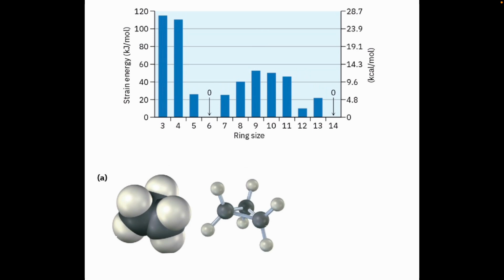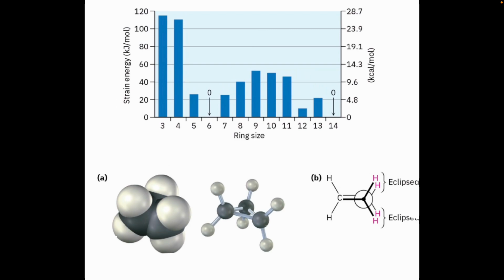If we were to just do our regular old structure here, what you would see is that in this triangle, just because it has to adopt this planar configuration, not only do you have that crappy 60-degree bond angle, but every single one of those bonds is also eclipsed compared to its neighbors, right? So they're all parallel to one another around that ring.